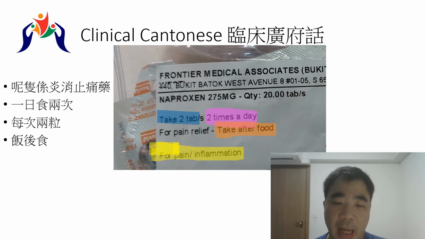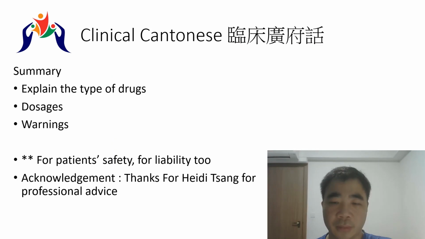Those are the instructions. When you hand over the medication to the elderly, that's how we say it in Cantonese to let them understand. I'm not an expert in medication, but when we give medications to our patients, clients or elderly, we need to explain what type of drugs, how much they take, how many times a day, and how many pieces, how many tablets, or the volume.